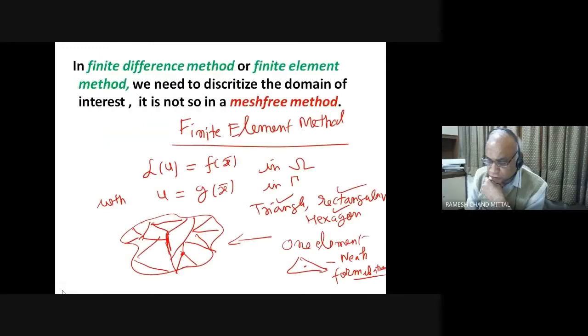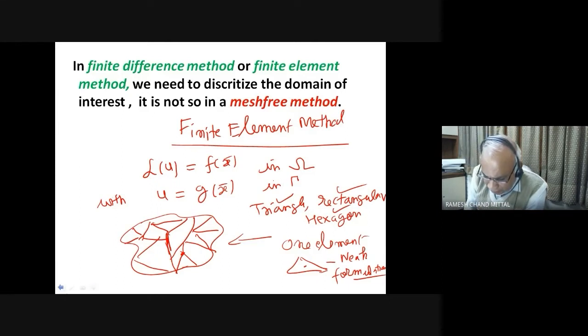It is all your choice. Generally people take only one element type, but people have also taken mixed kinds without any problem. Theory says that you should know how to find the solution in one triangle, in one rectangle, and in one hexagon. Hexagon is a difficult thing, but people normally take triangular or rectangular elements.